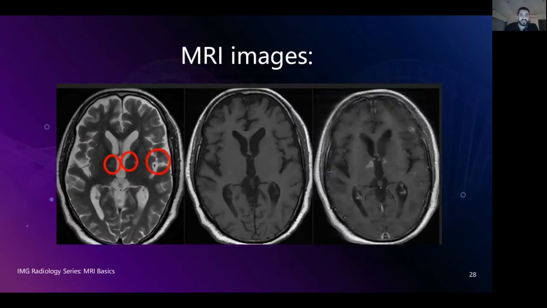And here are those lesions enhanced post contrast. Tuberculosis could also present in a similar way, but in this particular case, these are metastases from a lung primary.